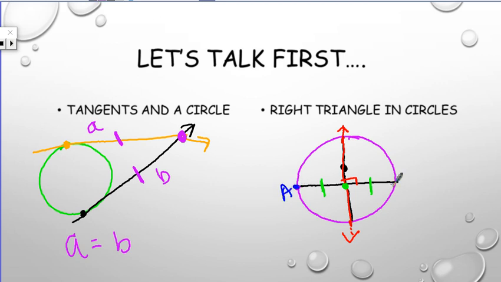You can call this A, you can call this B, you can call your circle circle O, or whatever you want to name your circle. That's the center of the circle. And this point right here we can call P. That's our midpoint. I'm going to draw that midpoint so you'll know. That red line is a perpendicular bisector. From the center of the circle to this point right here on the circle is called the radius, and from the center of the circle to this point down here is also called the radius.